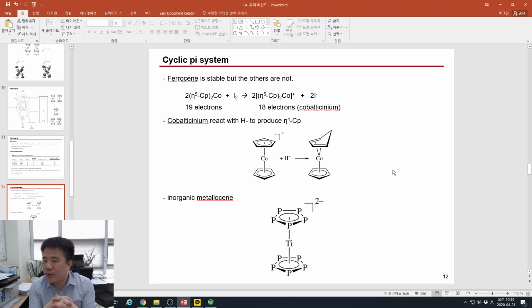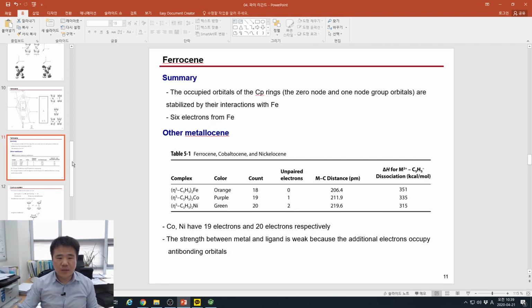Okay, let's go back to reaction. Ferrocene is stable because why? Because ferrocene has 18 electrons, the fully occupied electron configuration. However, cobalt has 19 electrons, and nickel has 20 electrons.